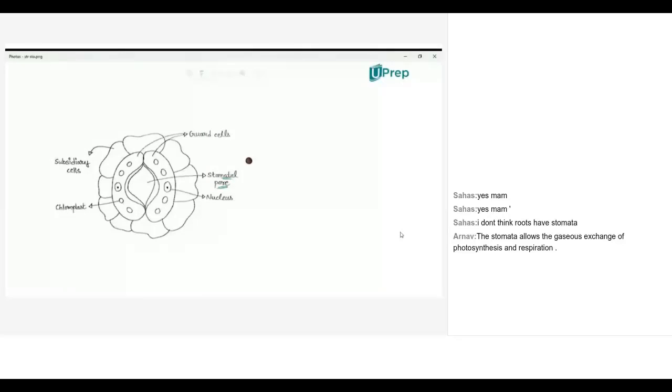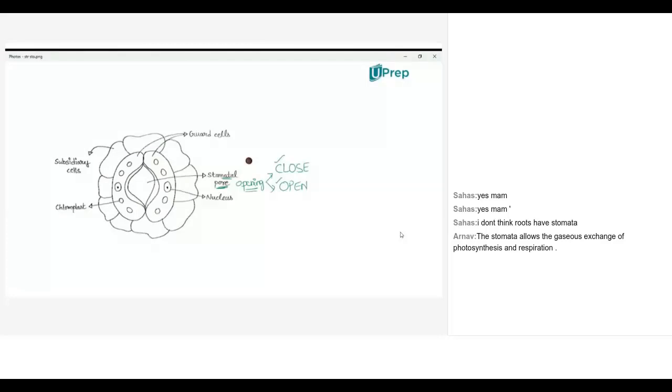Pore is nothing but an opening, students. Okay, it's just an opening. This opening will show two concepts: closing and opening. So here, how this pore gets closed, how this pore gets opened, that all determines the plant. Okay, we'll see in the functional aspect.